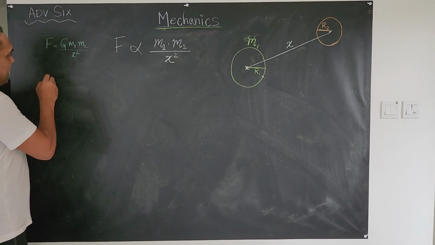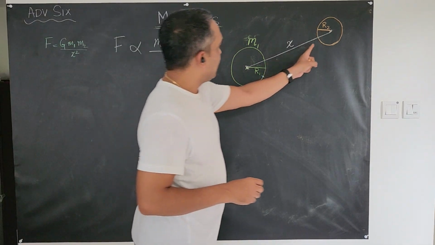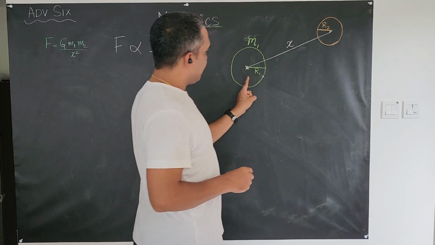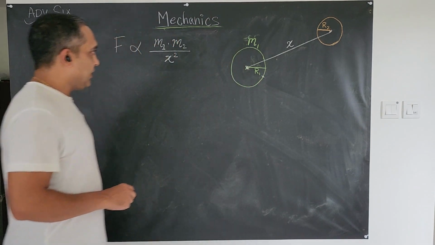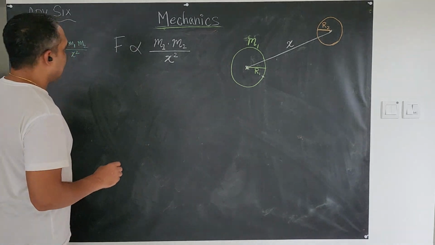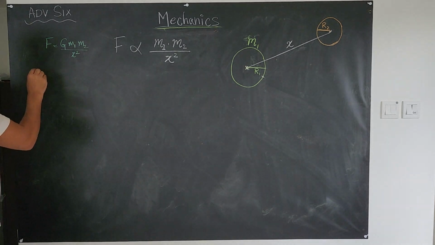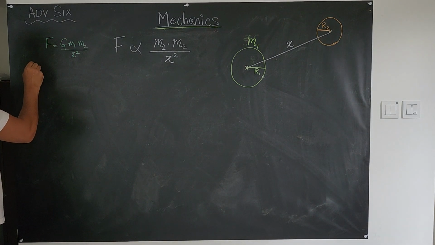We also said, in a case like this, where there is a larger x with respect to r, if r is now the radius of the Earth, I'm going to bring this down to Earth, and define just two values here for the sake of computation.